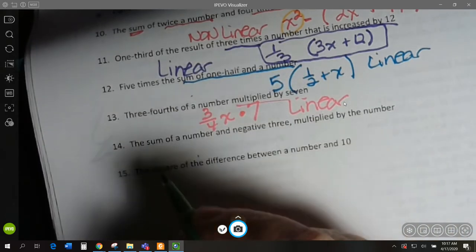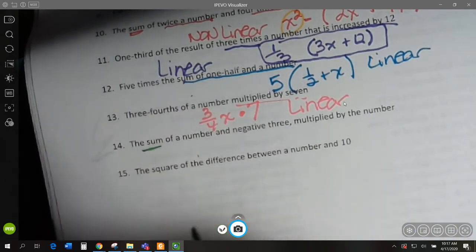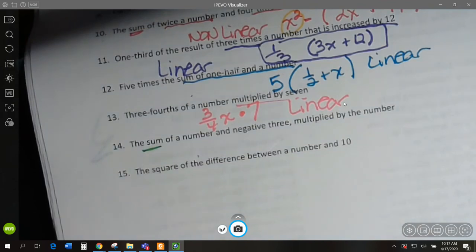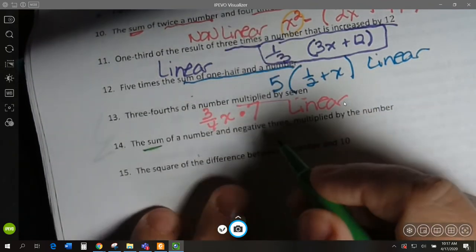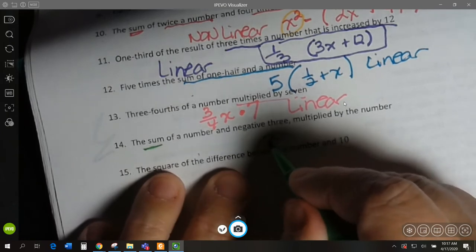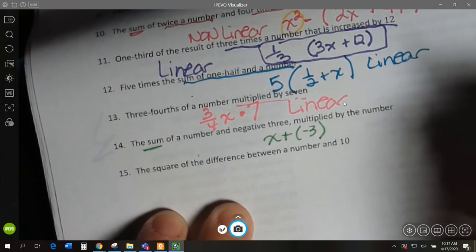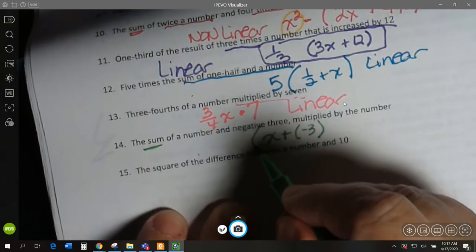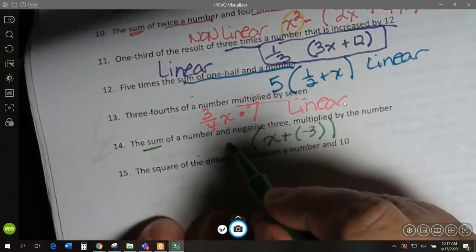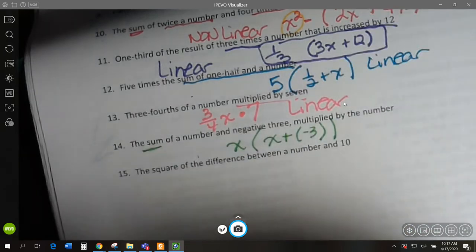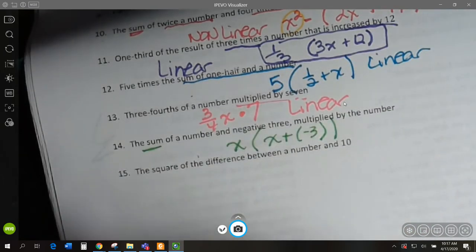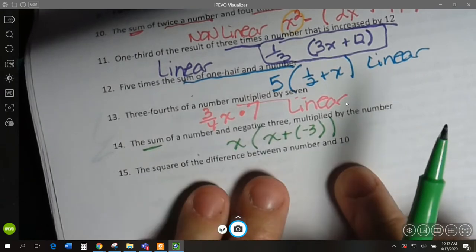Here we have the sum, so we're adding, of a number and -3. So we take a number x and add a -3, right? And that whole sum is going to be multiplied by a number. Now this gets tricky when deciding if it is linear or nonlinear, because we need to simplify.